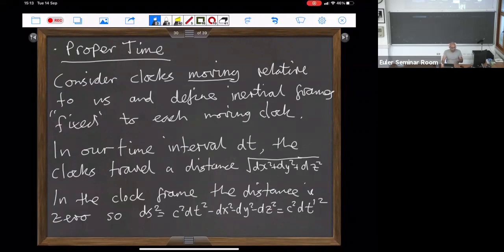In the clock frame, because the x, y and z coordinates are not changing, if the clock frame is defined with the primed coordinates, its distance would just be c squared dt prime squared, its infinitesimal distance squared. Okay.